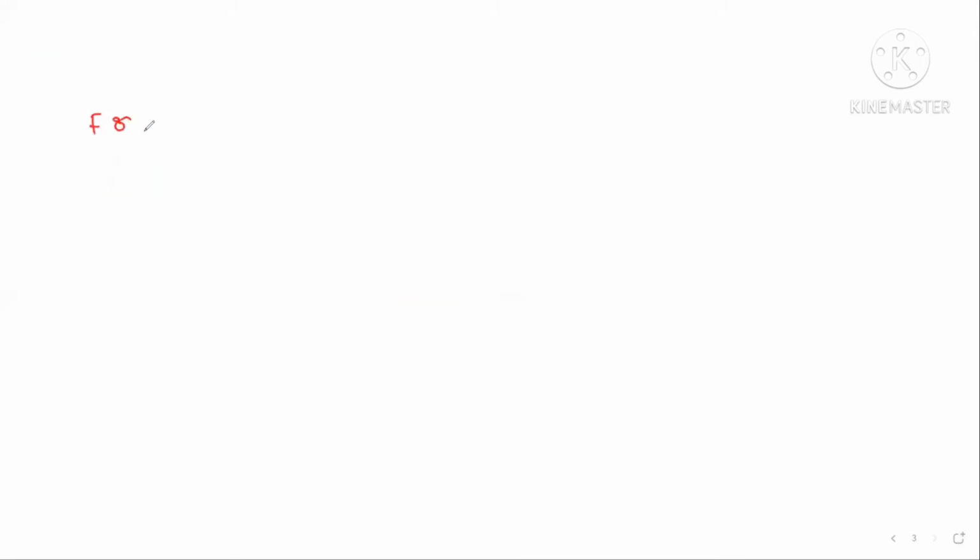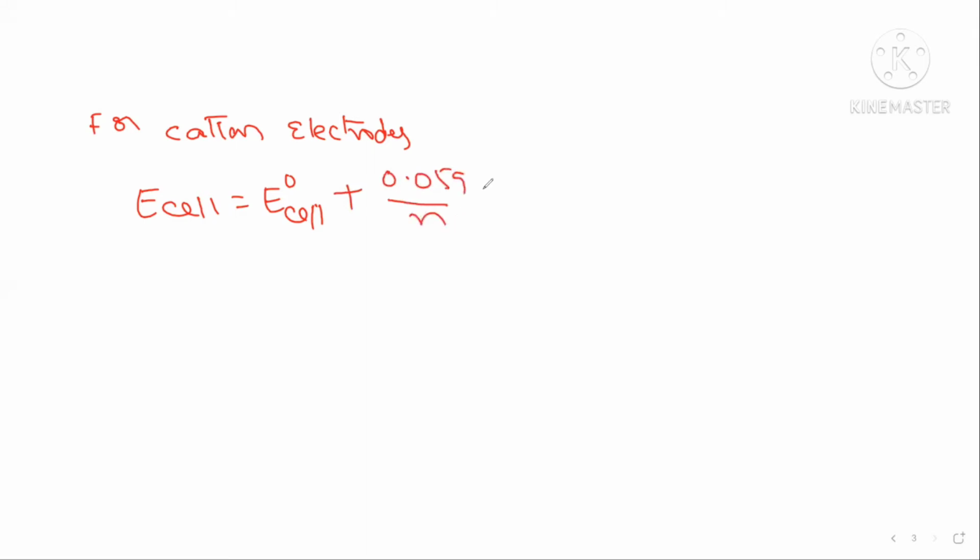For cation electrodes, the Nernst equation is E cell is equal to E naught cell plus 0.059 by n into logarithm of metal ion concentration. This is for a cation electrode or metallic electrode.